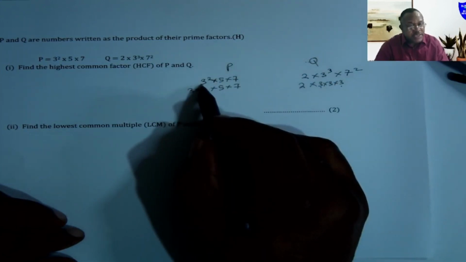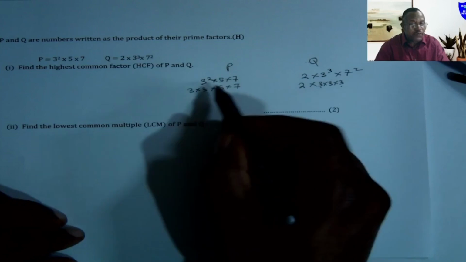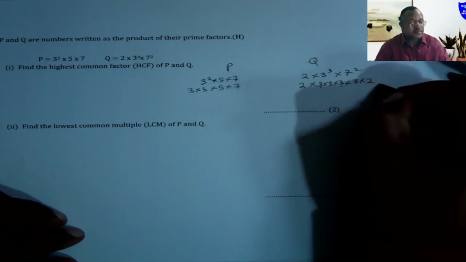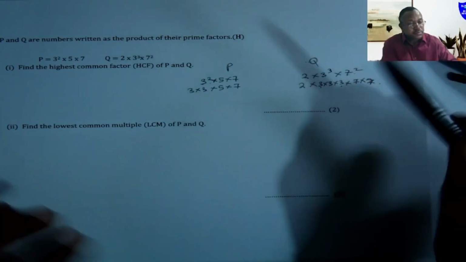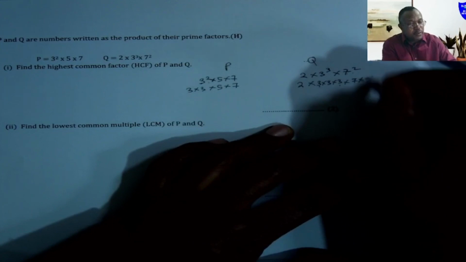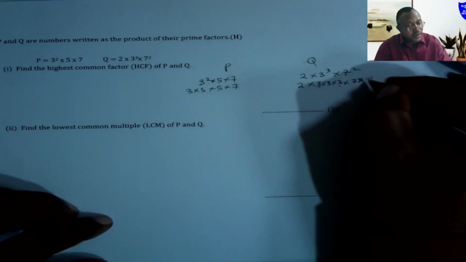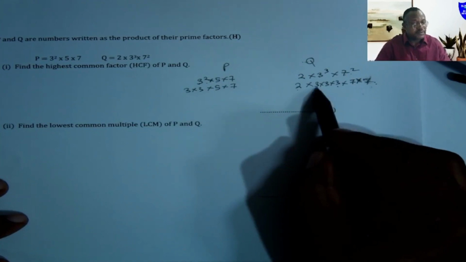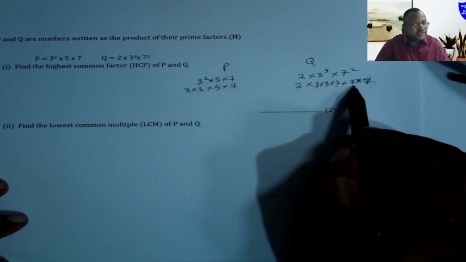Here it means 2 multiplied by itself 2 times. Then here we have 7 multiplied by itself 2 times. So here you have 2 times 3 times 3 times 3 times 7 times 7.